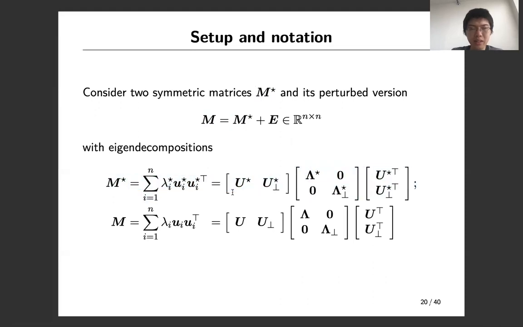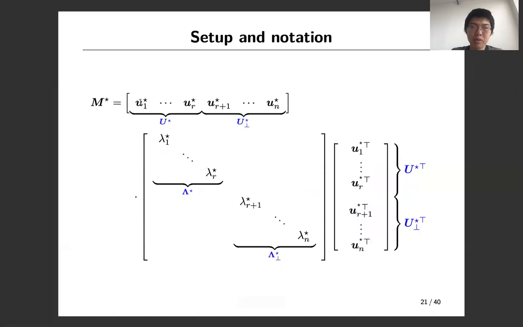You can see here that I group a bunch of eigenvectors together. To be more specific, I will group R eigenvectors together and name them U star. For the remaining ones, I call them U star perpendicular. I will apply the same grouping strategy to the eigenvalues and call them lambda star and lambda star perpendicular. That's the eigendecomposition of the key matrix M star.